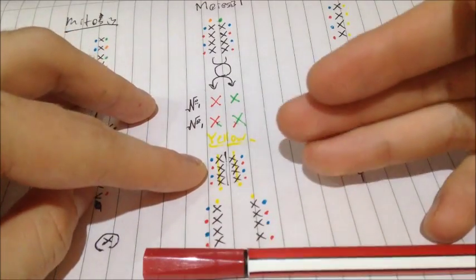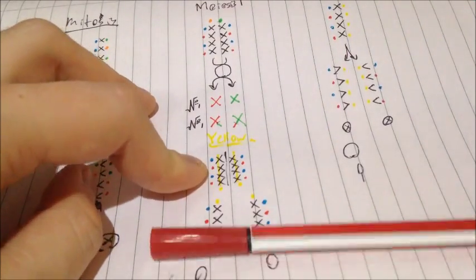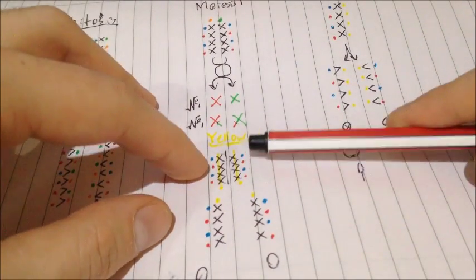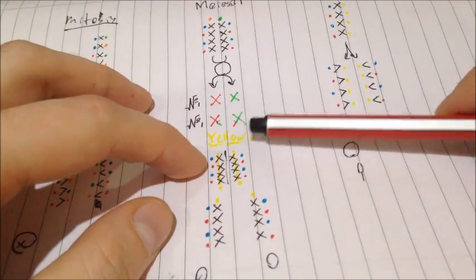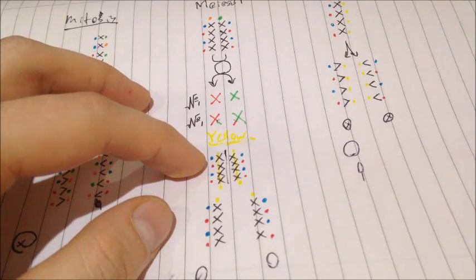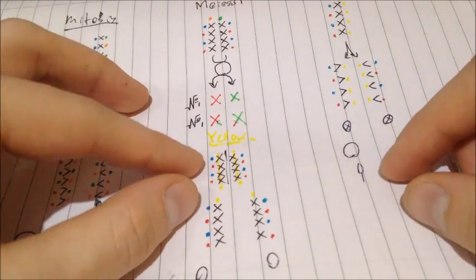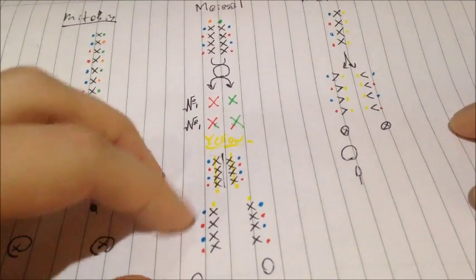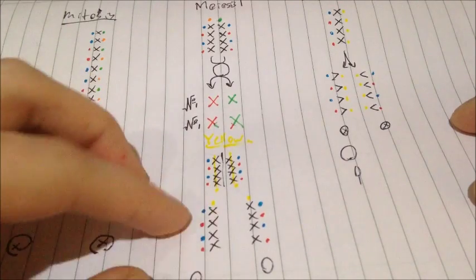This is basically what makes them your own. These are no longer your dad's or your mom's pairs. And then instead of lining up and being replicated and whatever, they actually get split in half before meiosis 2. They get split in half.